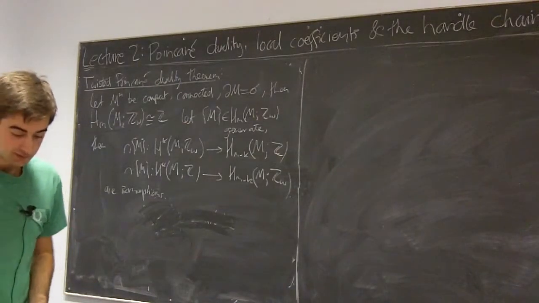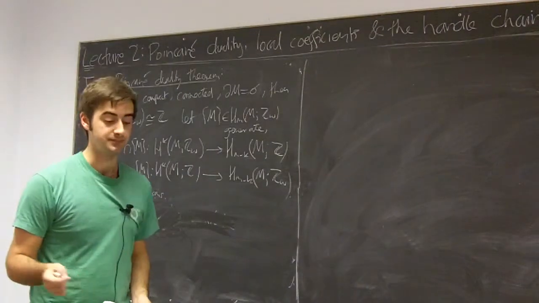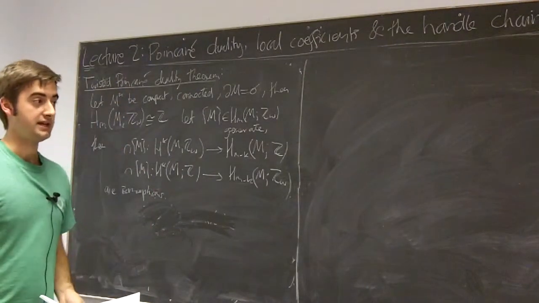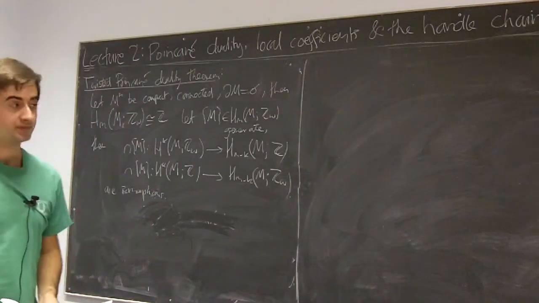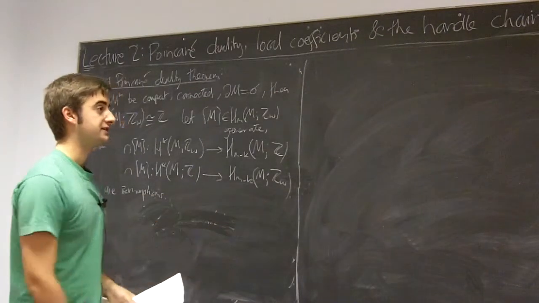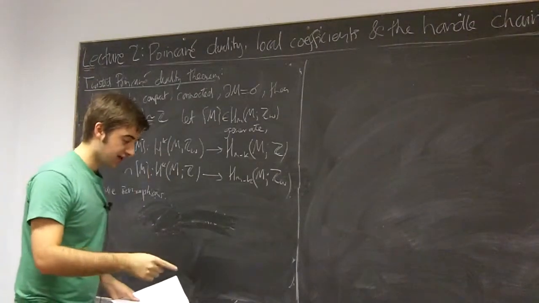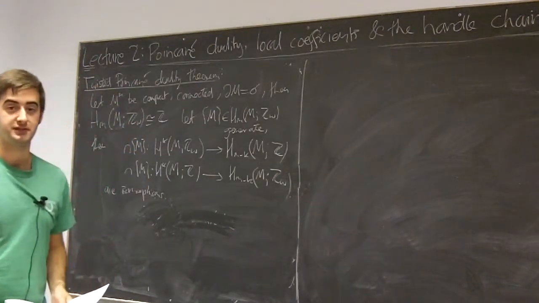Now we can have a statement of Poincaré duality for something slightly more general if we have any oriented cover of M. Thinking of what we did in the example there, we were quotienting out by loops in the kernel of the Stiefel-Whitney class.